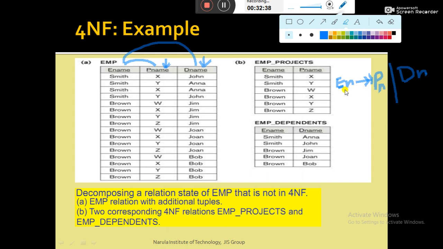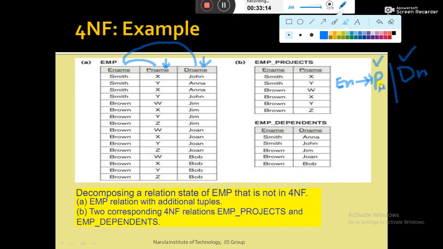That means ename, employee name, multi-determines pname as well as ename multi-determines dname. So two multi-valued dependencies exist in the relation EMP, and the next task is to check whether these two MVDs are trivial or non-trivial.